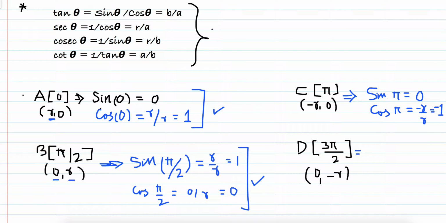And for sine 3 pi upon 2, B is minus R, so we will get minus R upon R, which is minus 1. And cos 3 pi by 2 is equal to 0 upon R or 0.